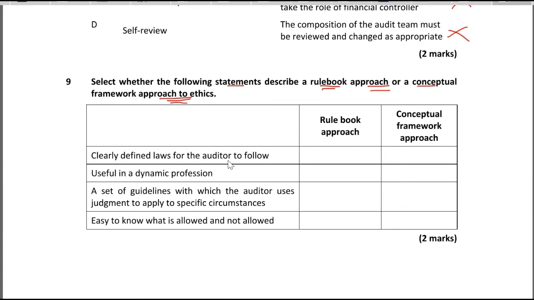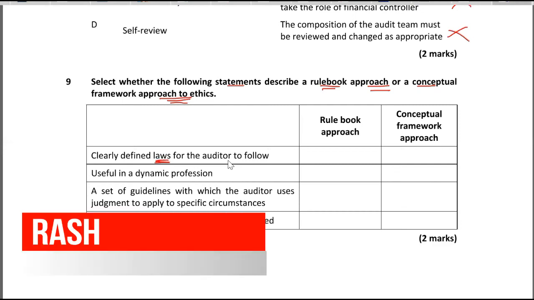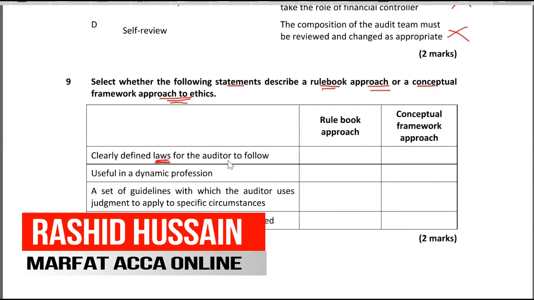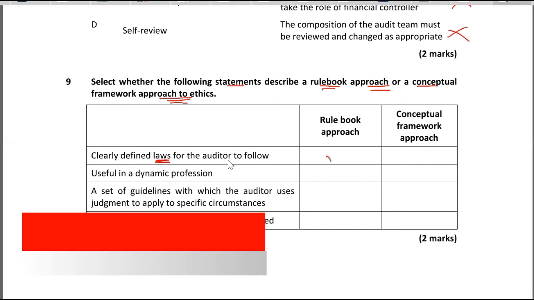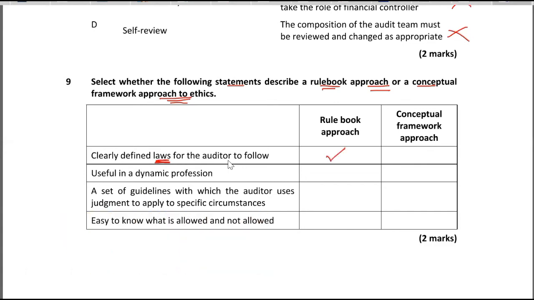Now, do you remember the difference between the rule-based approach and the principle-based approach? Hopefully you remember. Clearly define laws for the auditor to follow. When you just hear the term law, law is something legal, then that means it is from the rule book. Useful in a dynamic profession. Dynamic means changing.